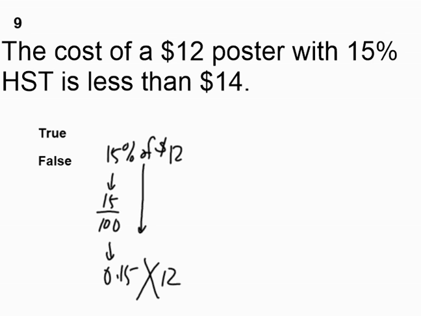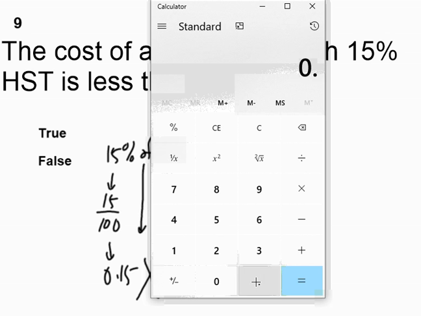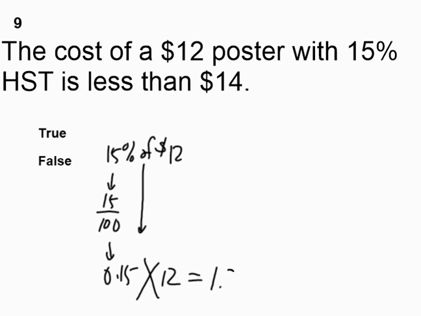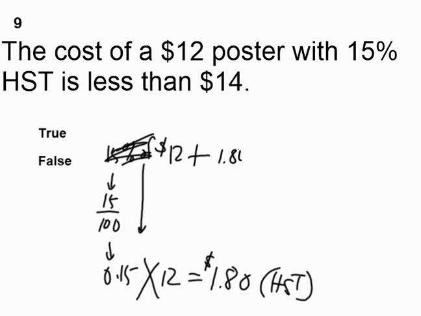So in order for us to figure out 15% of $12, or what is the tax, I can use a calculator to figure out 15%. 15% of $12 is $1.80. So the HST is $1.80. Added on to this means the cost is $13.80. Is that less than $14?